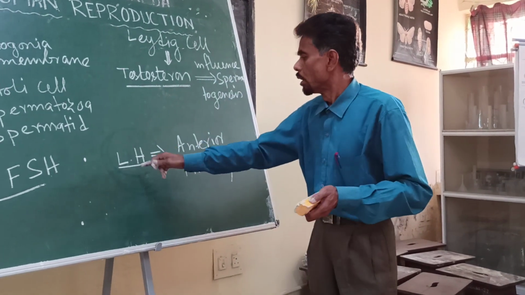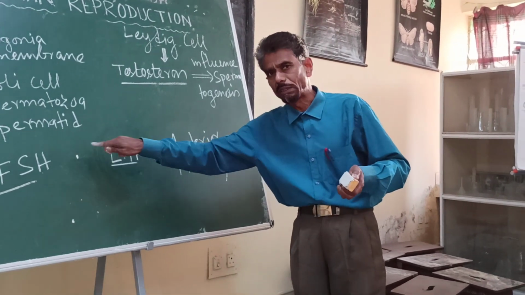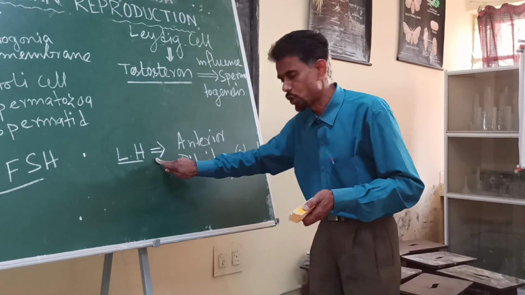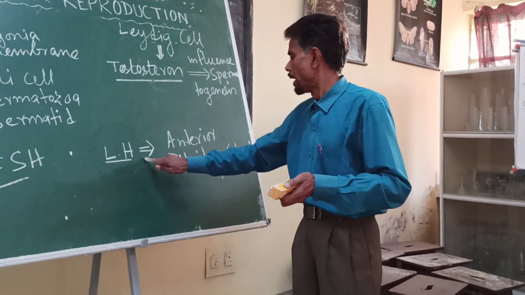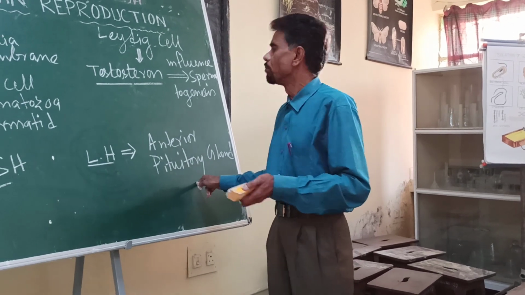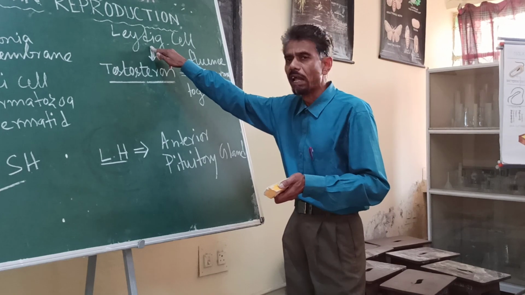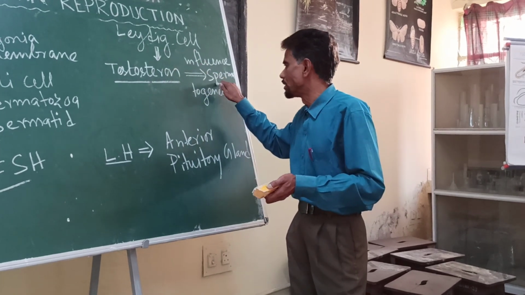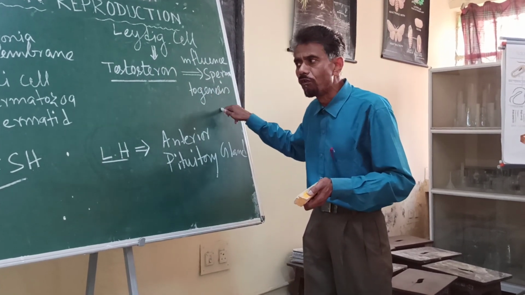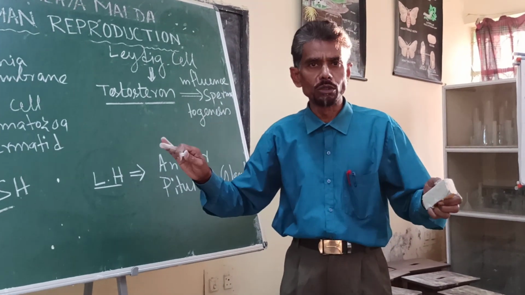So this gonadotropin from the hypothalamus stimulates the production of FSH and LH. LH, in turn, stimulates the production of testosterone from the Leydig cell, and it is the testosterone hormone that influences the process of spermatogenesis.